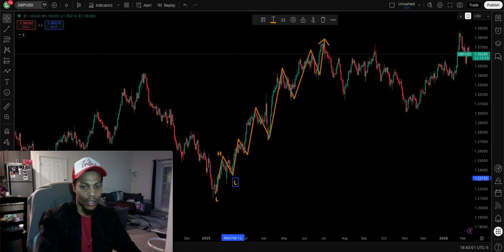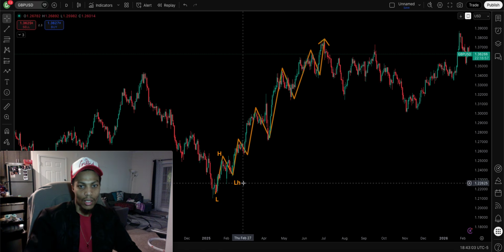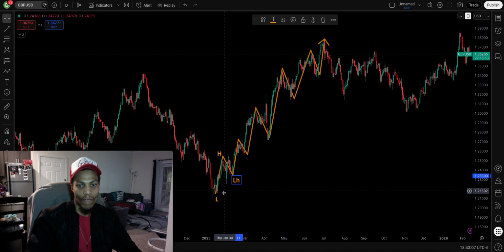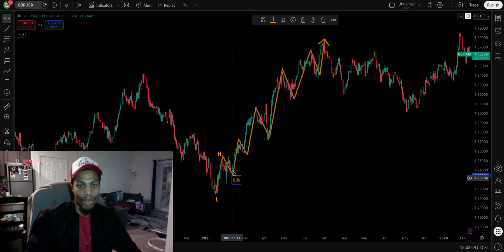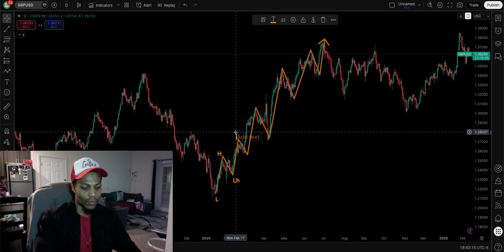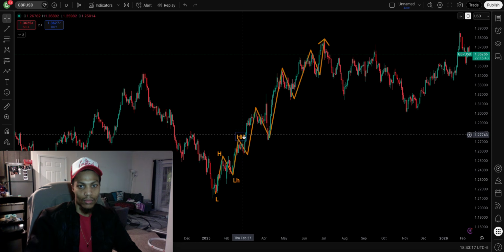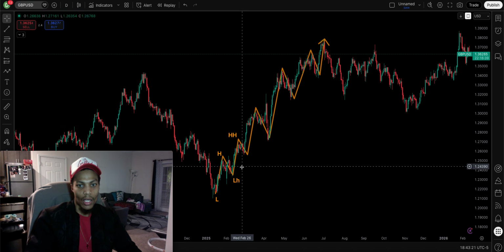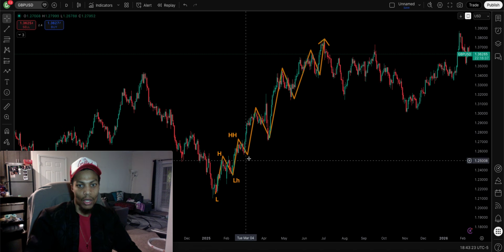lower high because it did not break below this previous low. So it held this low, right? Followed by a higher high. Constantly making what? A higher low, making a high, because it's higher than the previous low.